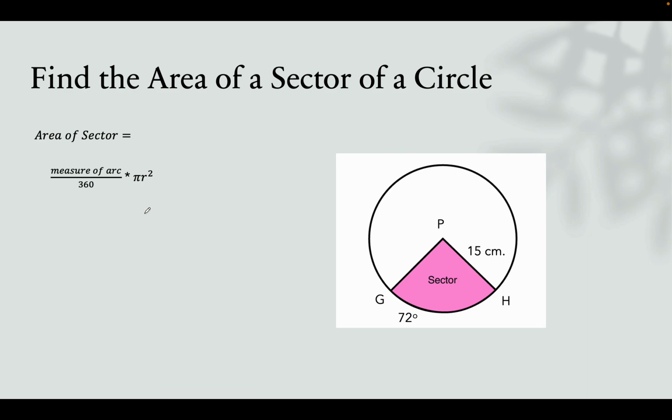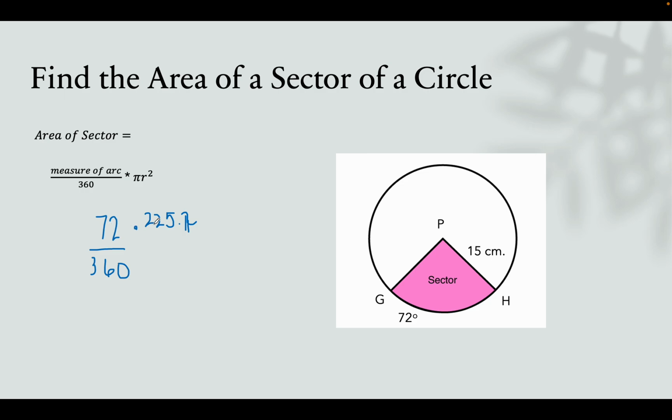So I'm going to put 225, and I'm going to pop pi out to the side. I still have the measure of the arc, 72 over 360, and I'm going to multiply those out.